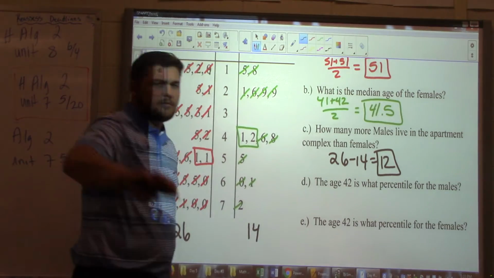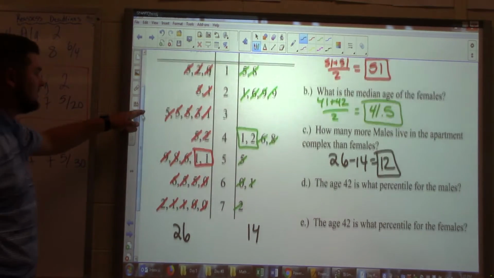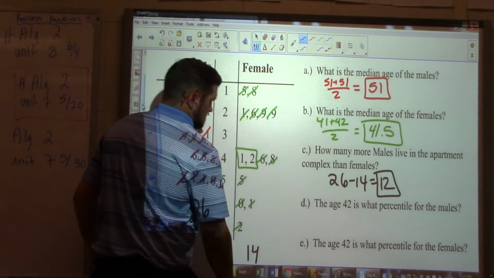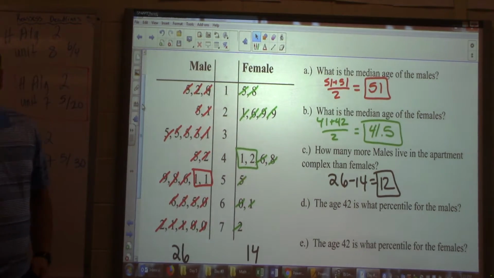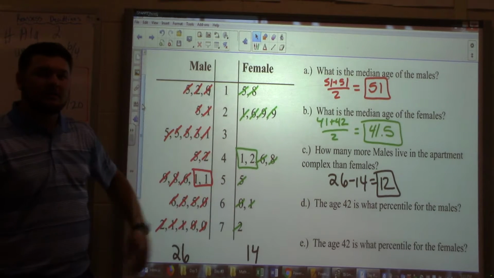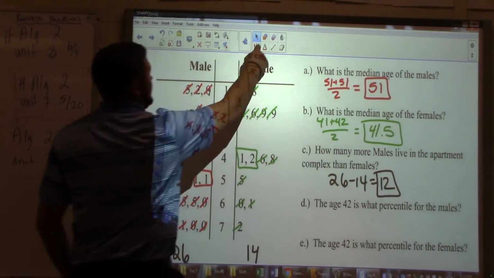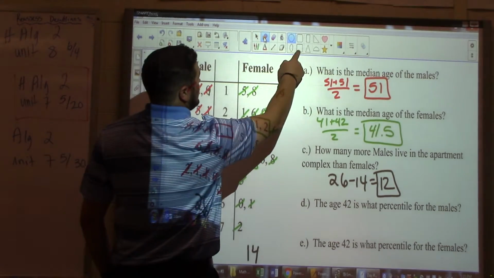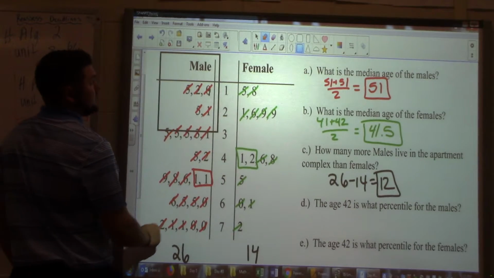Hey guys, sidebar here, quick. If we just look at the female side, so we cover this side up, if you were making this stem and leaf plot, would you still put the 3 there? No. So if we were making it, that's not going to work one bit, is it?